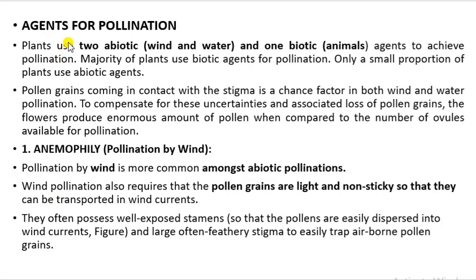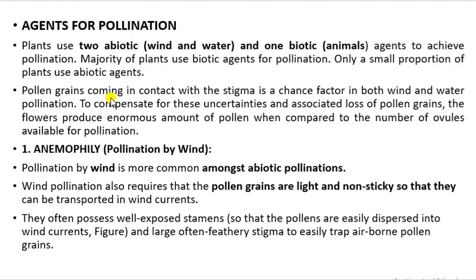Plants use two abiotic agents, wind and water, and one biotic agent, animals, to achieve pollination. The majority of plants use biotic agents, that is, animals as pollinating agents. Only a small proportion of plants use abiotic agents, wind and water.